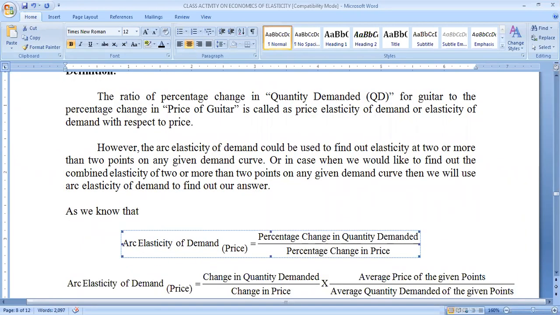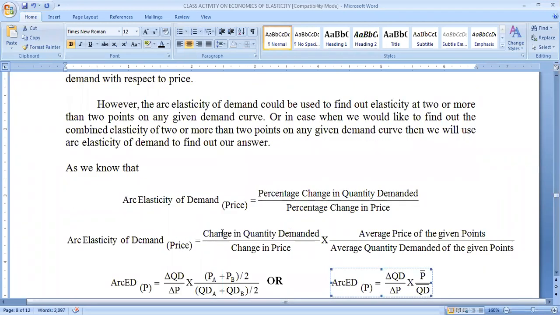Arc elasticity of demand with respect to price can be written as percentage change in quantity demanded divided by percentage change in price. In place of percentage change in quantity demanded, we can write change in quantity demanded divided by quantity demanded.